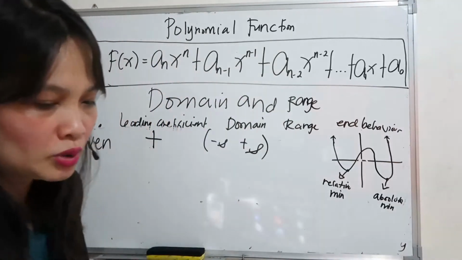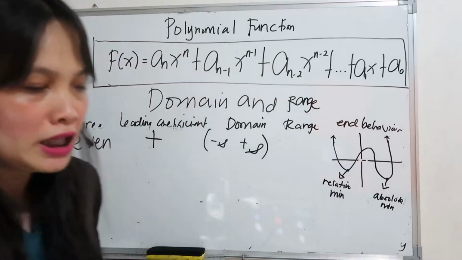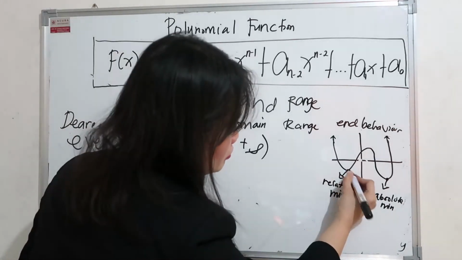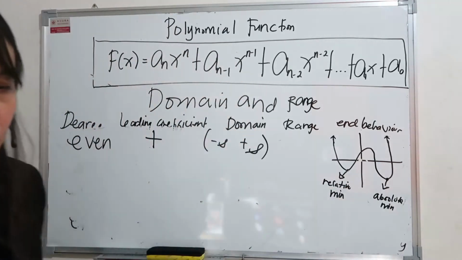Why is it? What's the difference between relative minimum and absolute minimum? They are both minimum, but the other one is relative, and then the other is absolute. What's the difference, based on the graph?